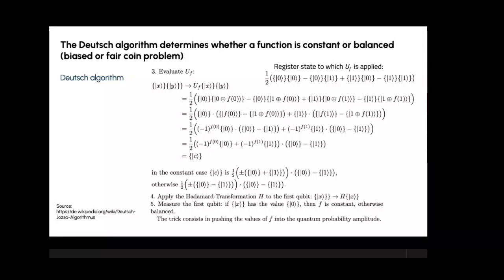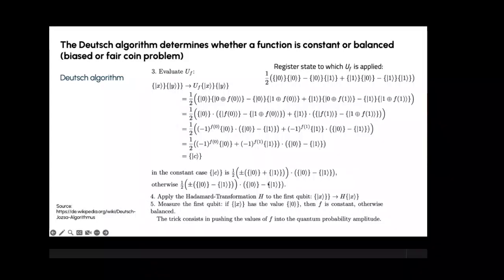And now it's the interesting thing. If f of 0 is 0, then this term drops, and this term gives you this, right?